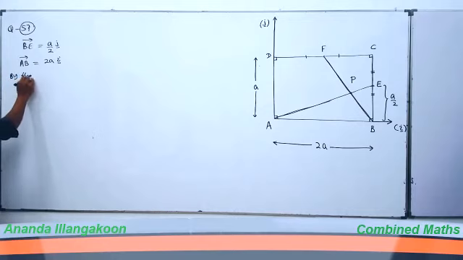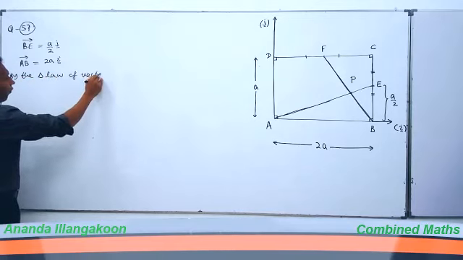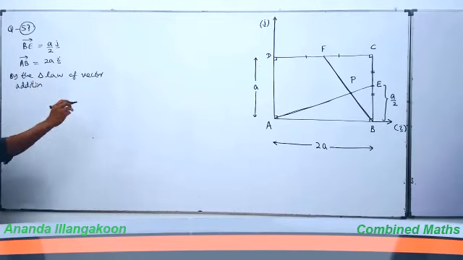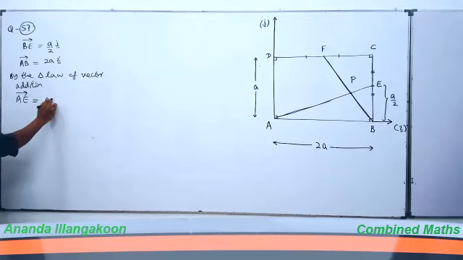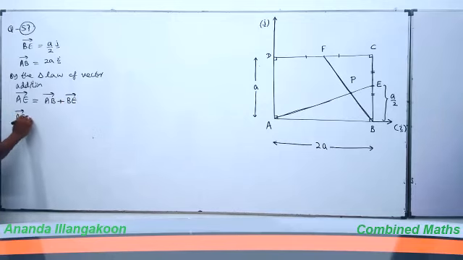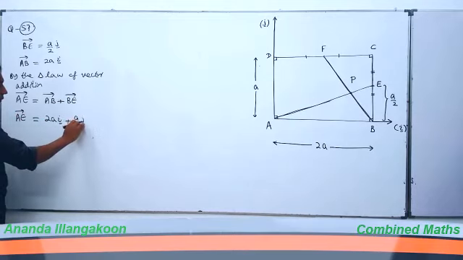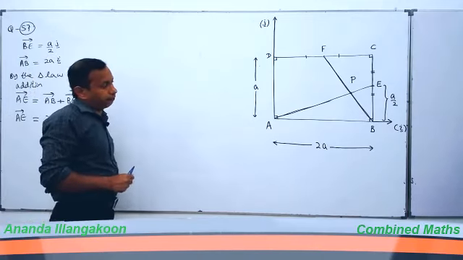AE vector is equal to AB vector plus BE vector. Then AE vector you can write, AB vector 2A i plus BE vector A by 2 times j. This way we can write.